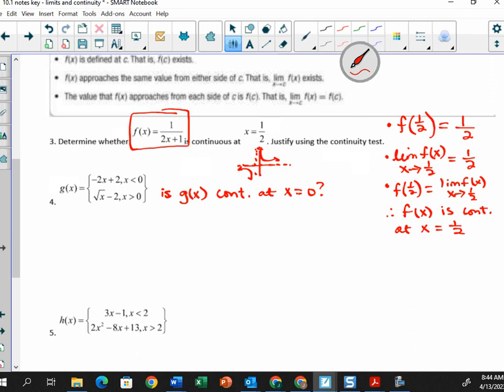Okay, so we start with our bullet points. The first one, we find g of 0. Interesting. Can I find g of 0? No. Does it exist? So g of 0 does not exist.